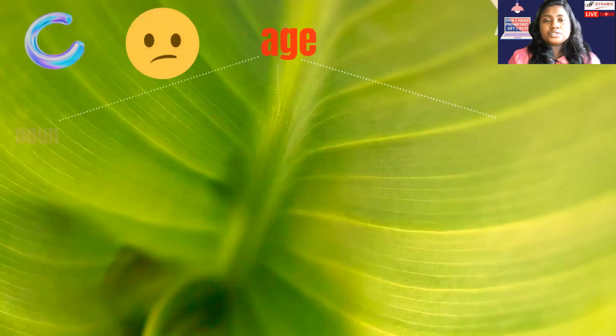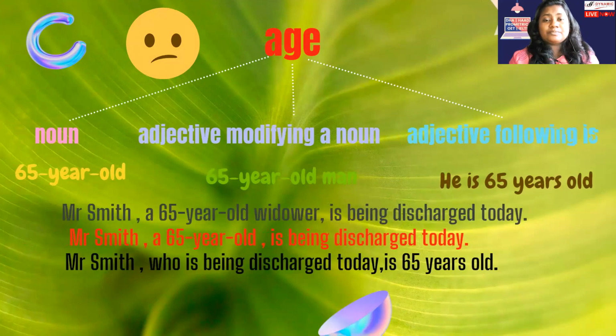This confusion is because age can be represented in three forms. It can be represented as a noun, like 65-year-old. There we are not using S and it is hyphenated, 65 hyphen year hyphen old. The second representation is age as an adjective modifying a noun.